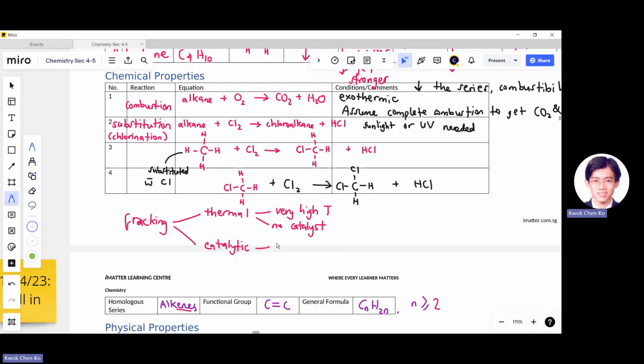But for catalytic, you don't need such a high temperature, but a catalyst is present. Okay, actually, I won't say it's fantastically high. Very high means about, let's say, 600. High is about 300, 400. 1,000 is extremely high. This one is the worst one because there are many possibilities.